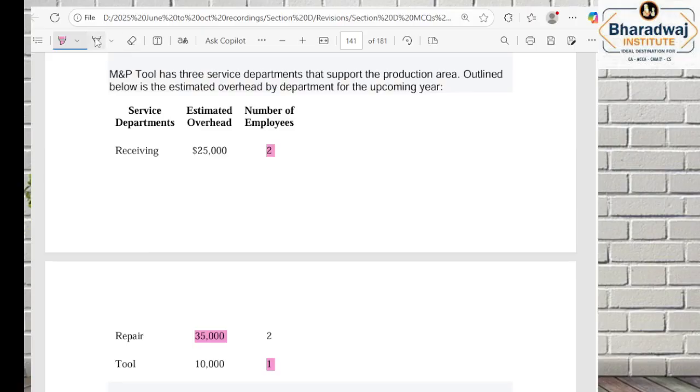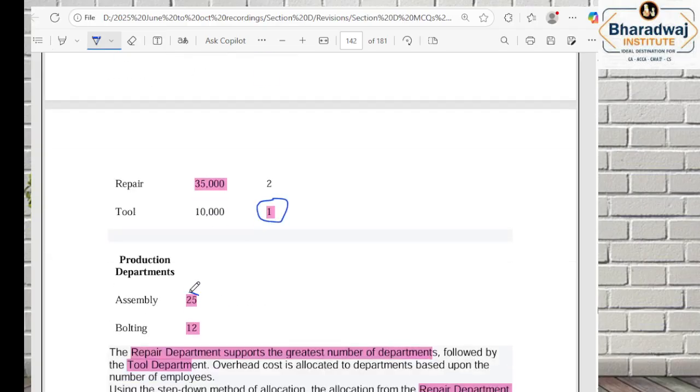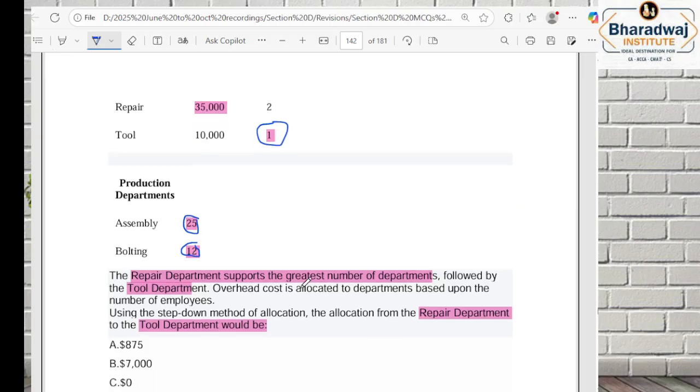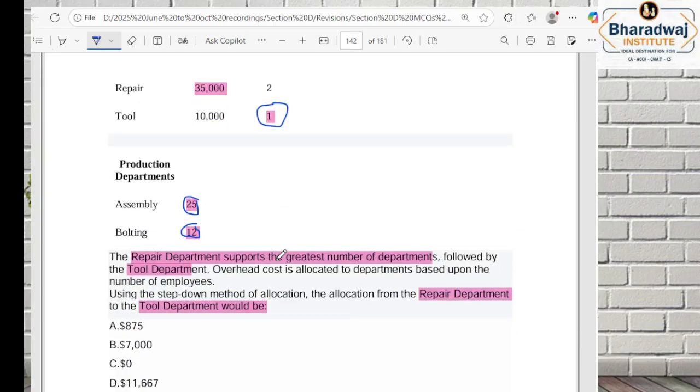We are going to start from repair. So number of employees: 2 plus 1 plus 25 plus 12.